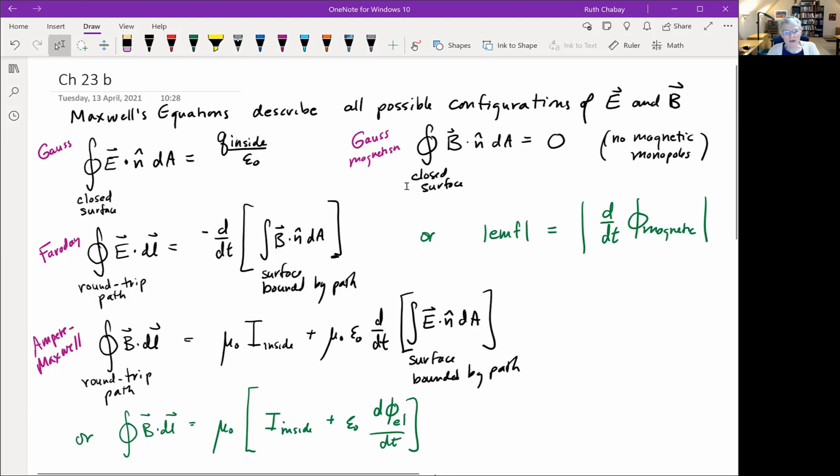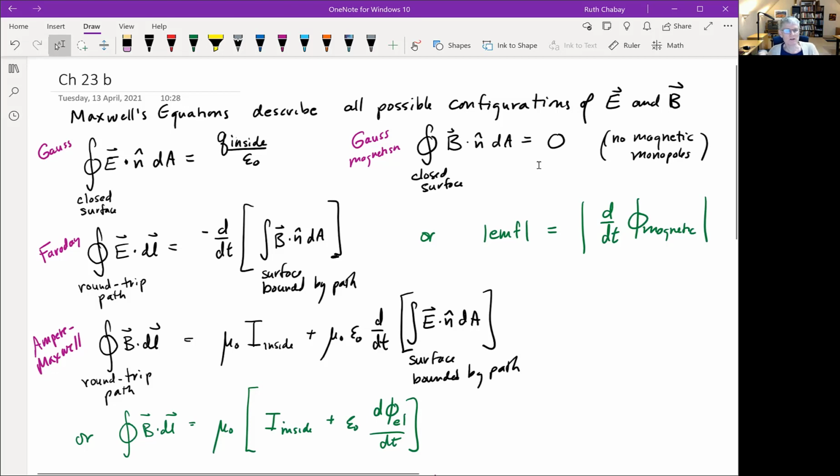And Gauss's law for magnetism does the same thing with magnetic flux, but since there aren't any magnetic monopoles, as far as we know, no north poles without south poles or south poles without north poles, the sum of that magnetic flux has to be zero.